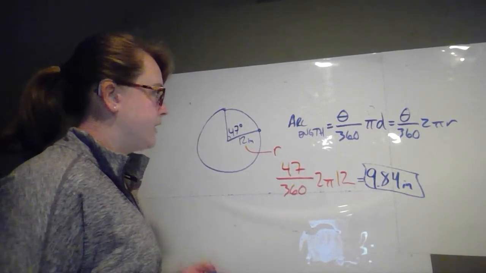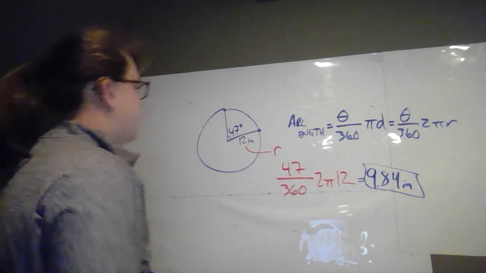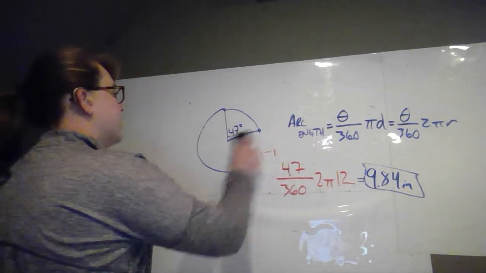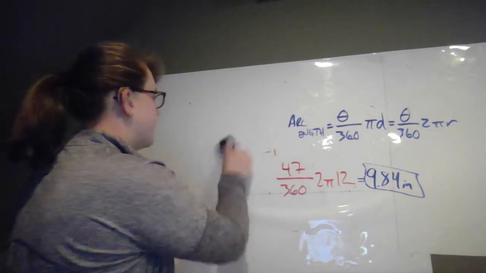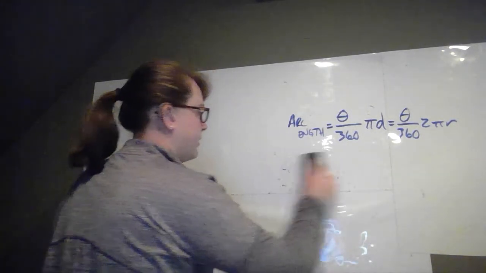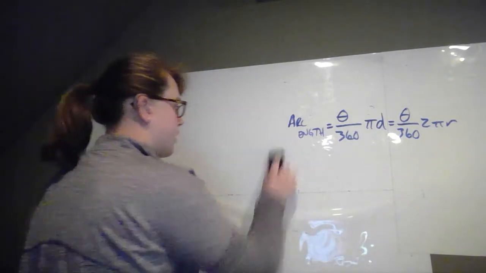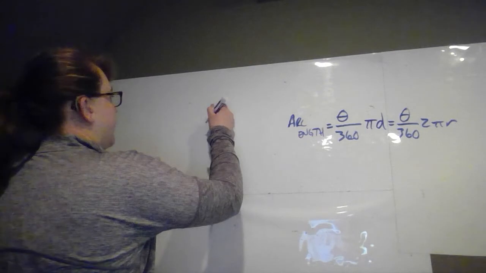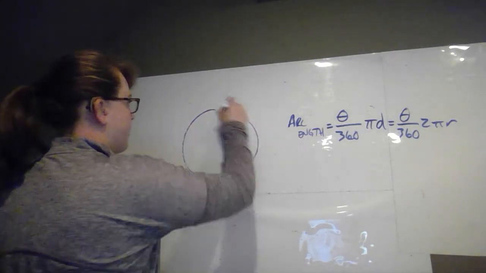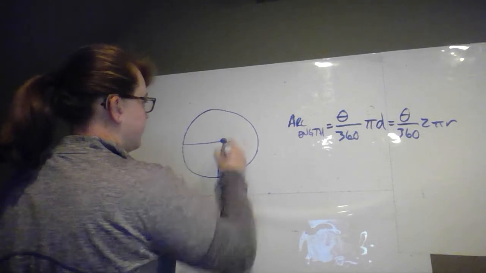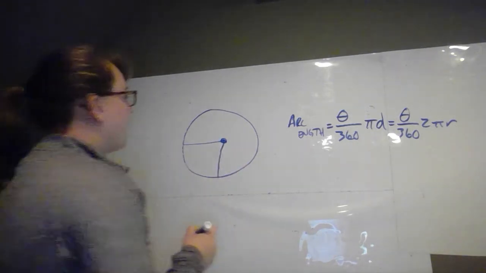The next thing that we would want to be able to do is play around with how we get our information here. Sometimes it won't always be given directly as the radius and the angle. Sometimes we'll have to be a little bit creative here. Let's say, that's not the center of the circle, but we're going to pretend it is.